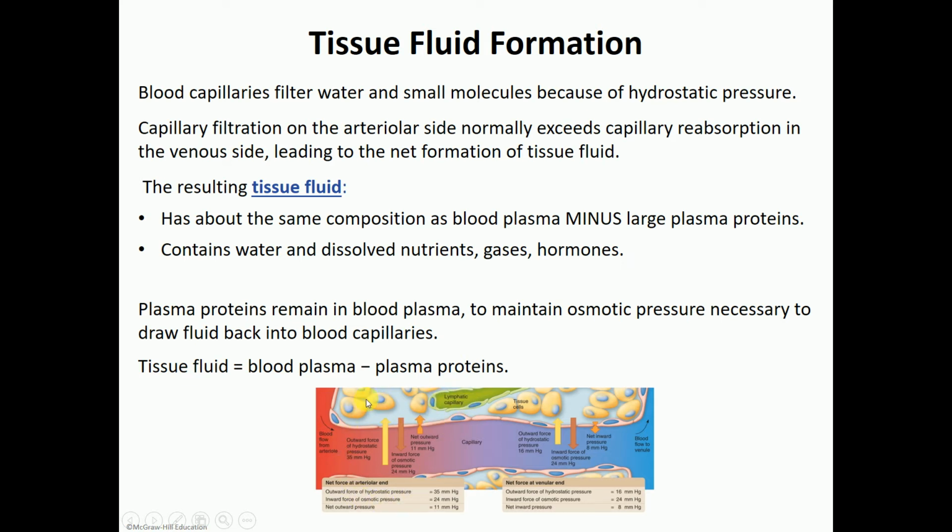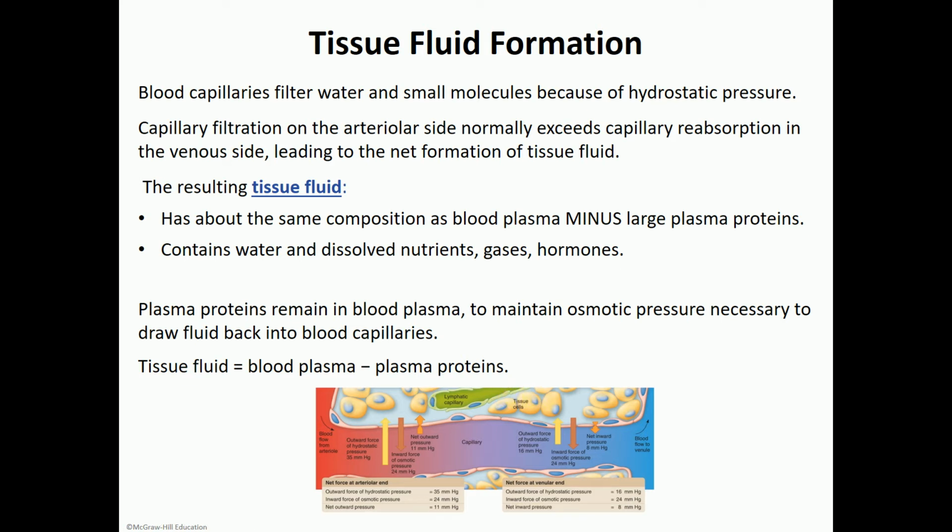Remember that at the arteriolar end, that favored filtration into the interstitial space, while on the venous end, that favored reabsorption back into the capillary. But the amount of fluid filtered is more than the amount of fluid that is being reabsorbed. And that remaining difference becomes your interstitial fluid or your tissue fluid.